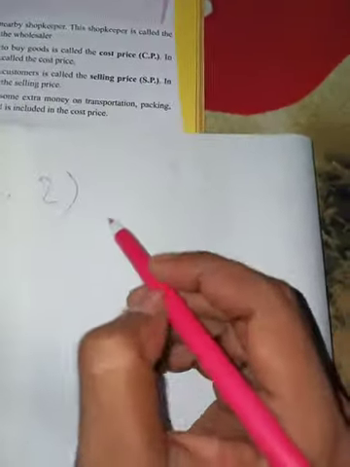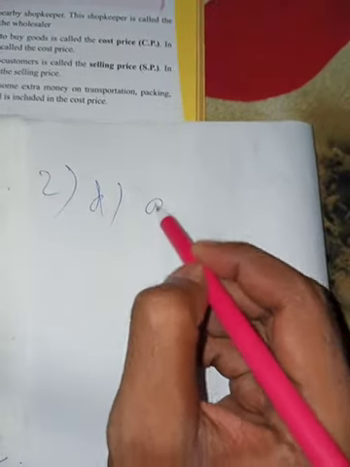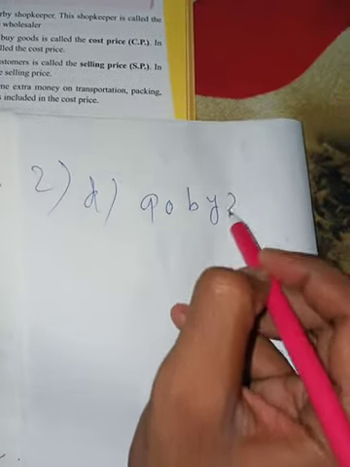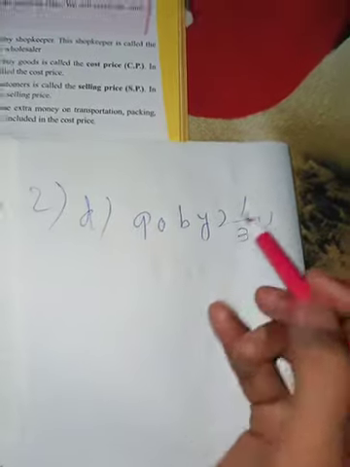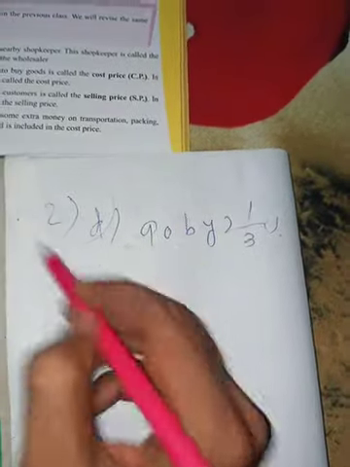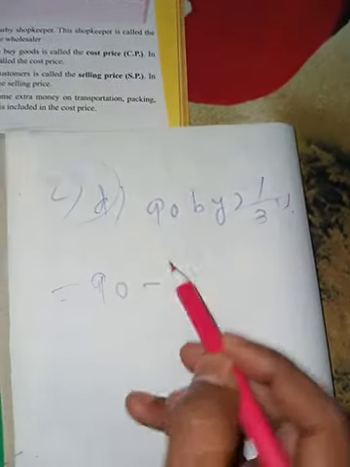If you want to decrease, just subtract it. There is nothing new. Like 2D, 90 by 2 complete 1 by 3%. You have to decrease that here. That means subtract it.